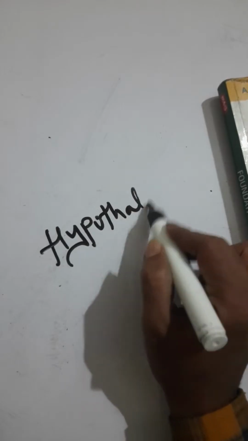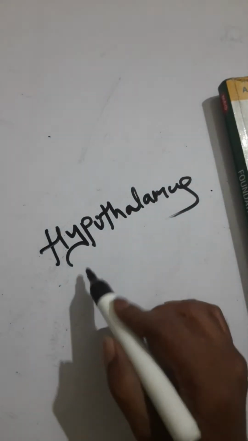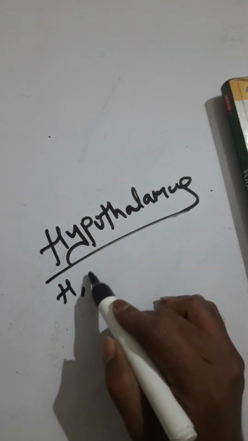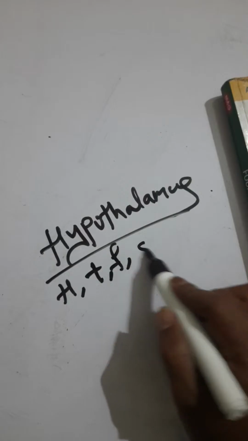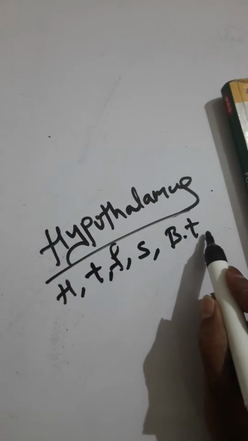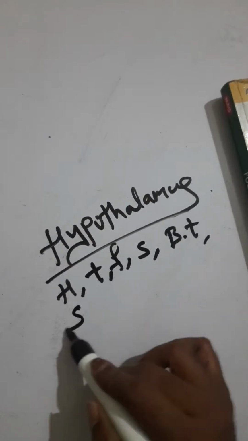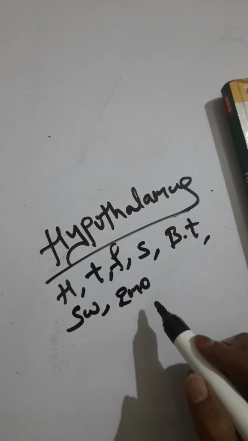This hypothalamus has control centers of hunger, thirst, fatigue, sleep, body temperature, and also sweating and emotions.